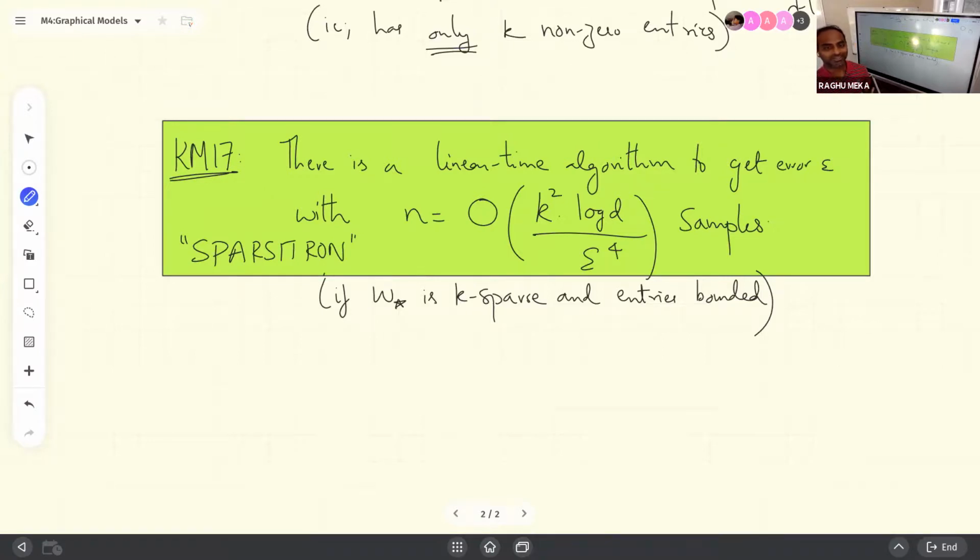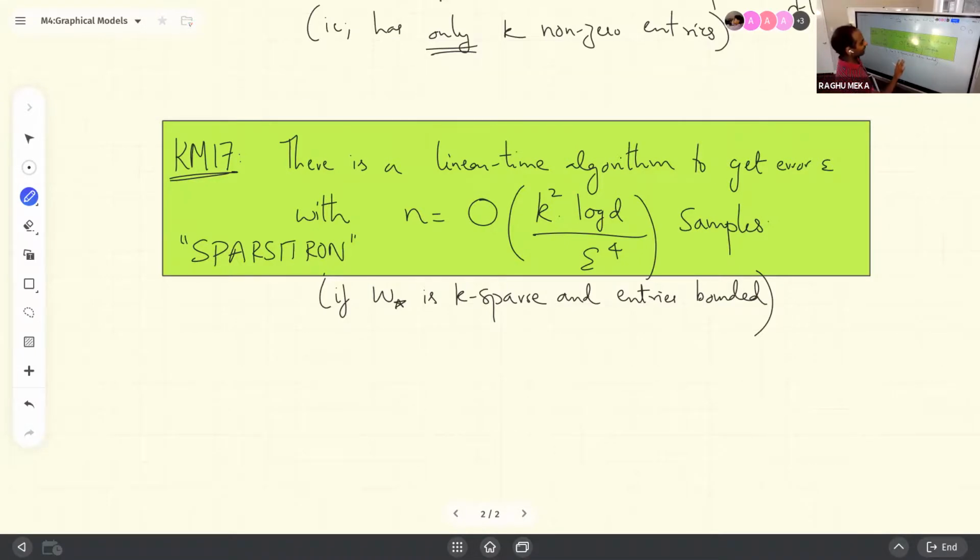So now, this seems somehow too good to be true, right? Why is that? What's the dependence on k here? It's k squared, it's polynomial in k, right?